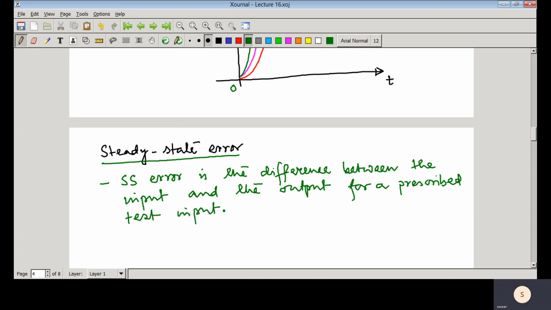Prescribed test input means, as we have already discussed, in control systems we use some standard signals like step input, ramp input, parabolic input, as t tends to infinity.